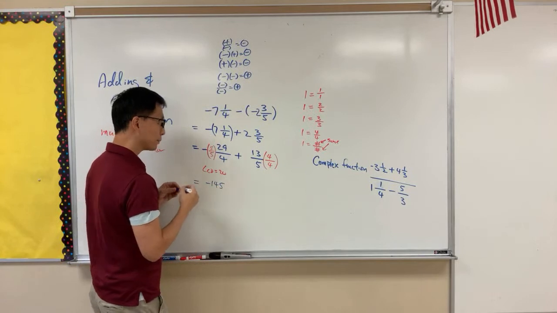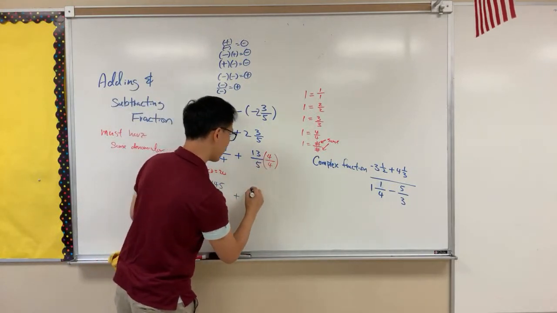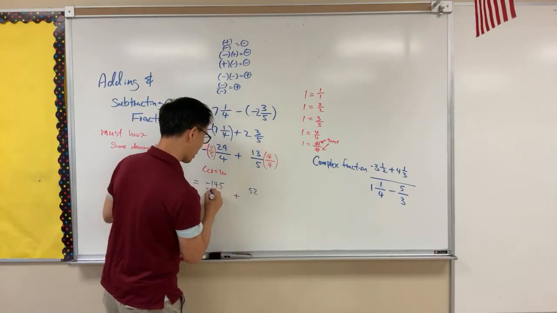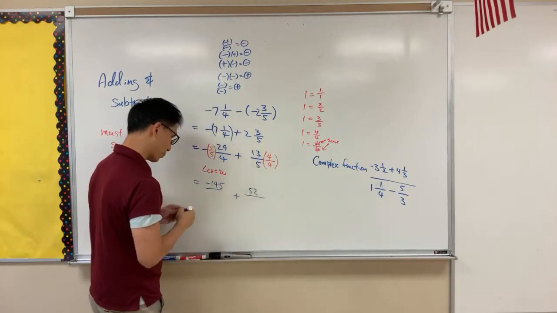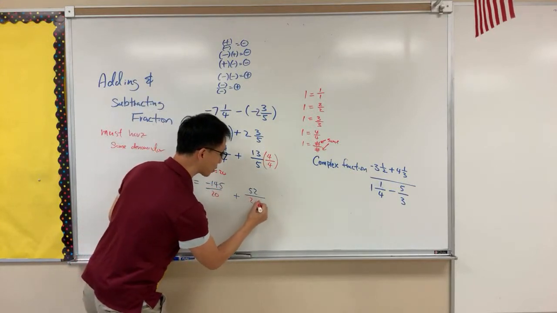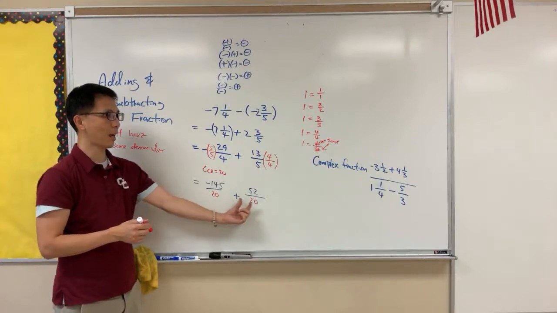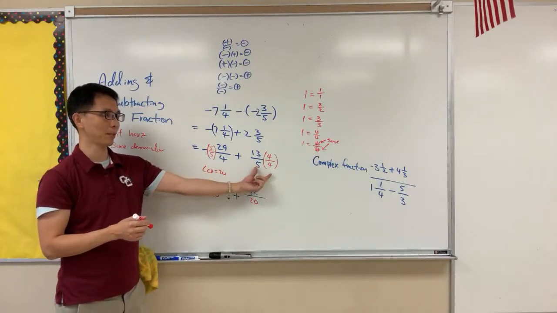On the top, again, it's going to be plus 13 times 4, which is 52, all over the fraction. I'm going to write it in red so you can tell. Now I have a perfect fraction for you to add. In order to add fractions, you make sure the denominators are the same, and that's how you make them the same.